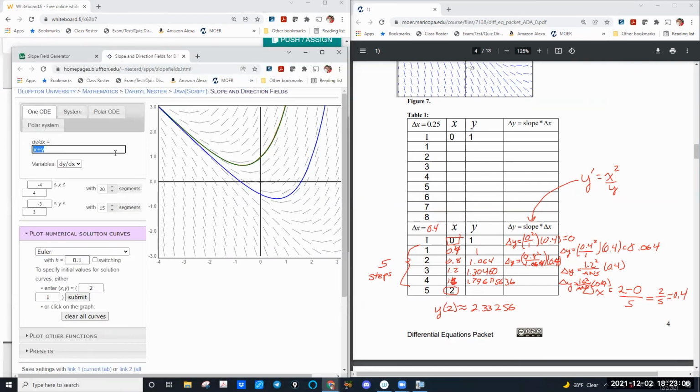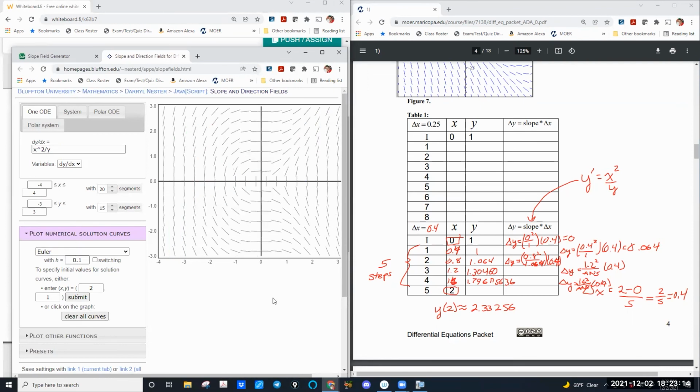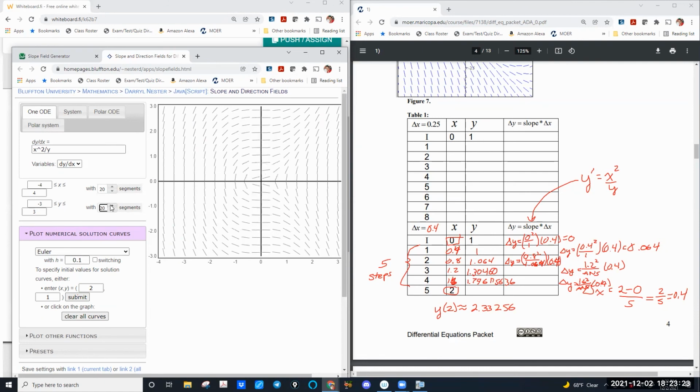Let's see what our slope field looks like. We should always take a look. Pretty interesting looking. Now we're only going from 0 to 1, so let's put in a few more line segments.